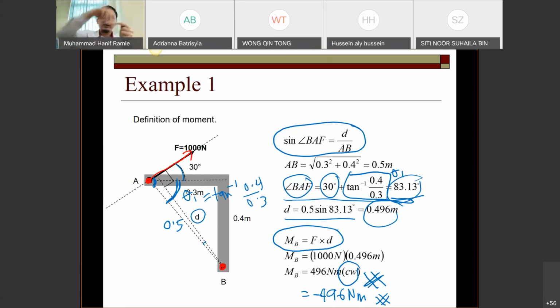That's why we get the clockwise direction. Okay, do you get it? Yes, Doctor. Thank you, Doctor.